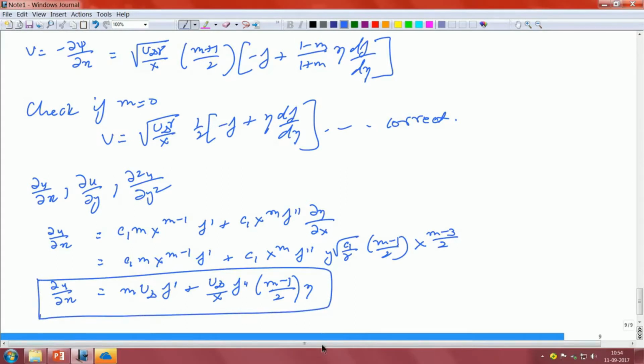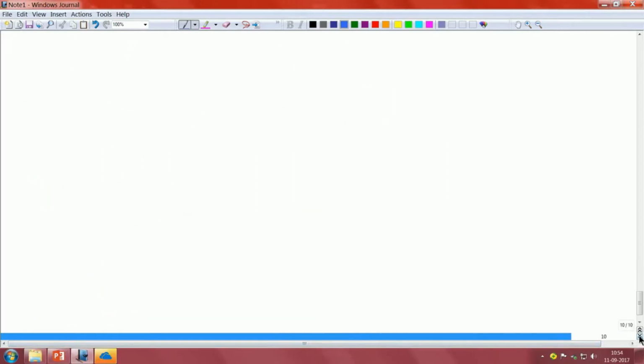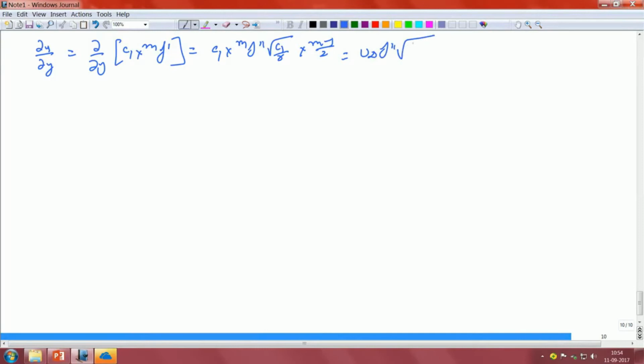So, that is du by dx. We are doing it term by term so that we can collect it at the end. Du dy will be equal to, okay.